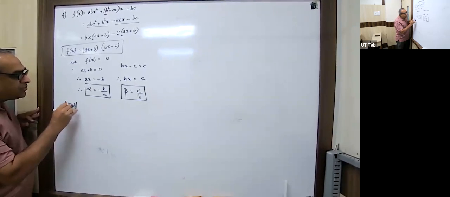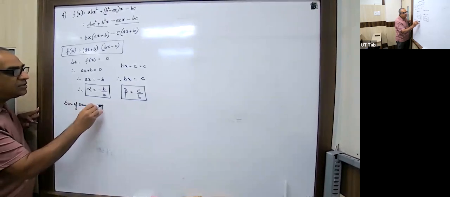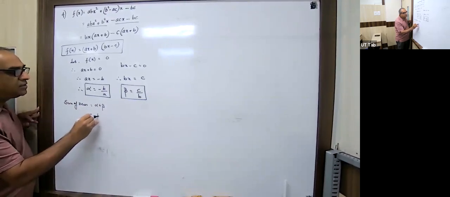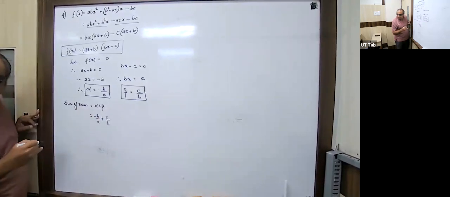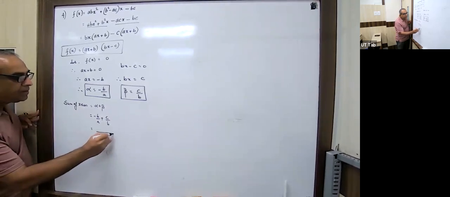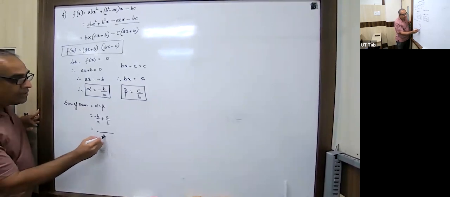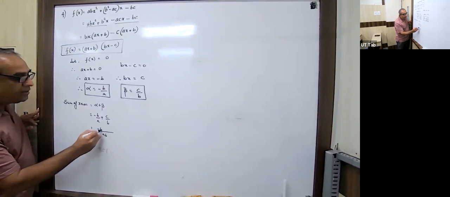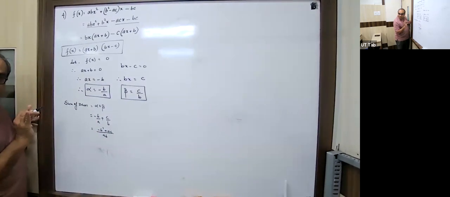Sum of zeros. How many? What's the LCM? AB. So what do I get? Correct?